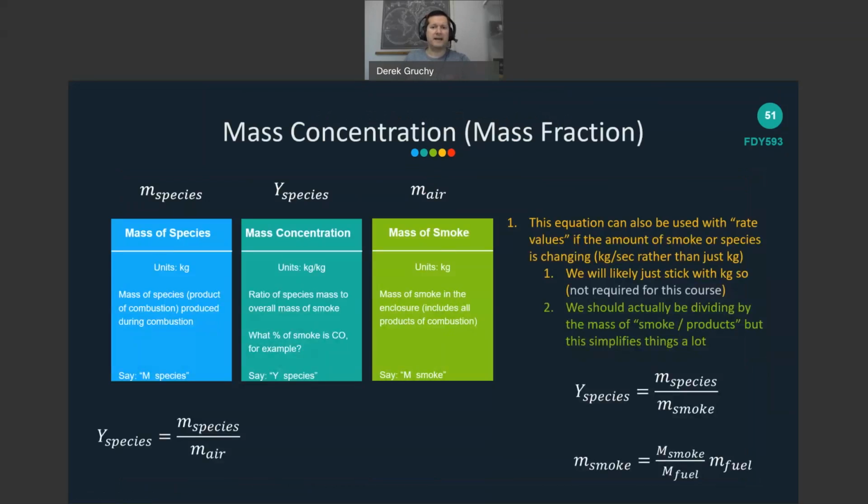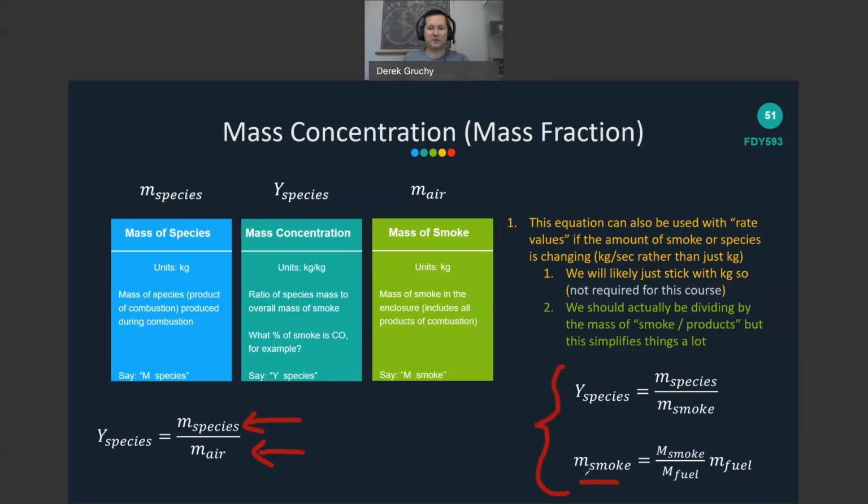So in order to get the mass concentration, we're going to be looking at this equation down here, which tells us the mass concentration, or the mass fraction, is how much of the species we have. So we just calculated that. That was our 10.88 kilograms. And we're going to divide that by the mass of air in the room. What we actually should do is this process over here.